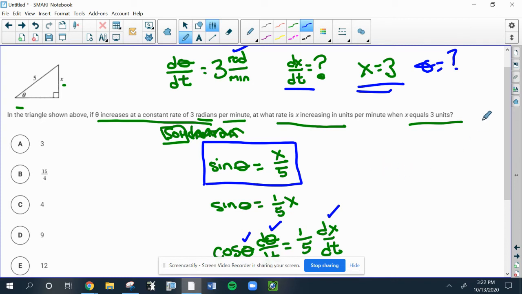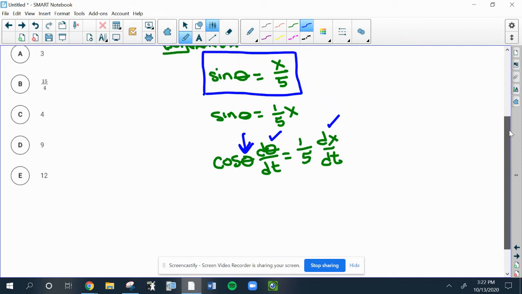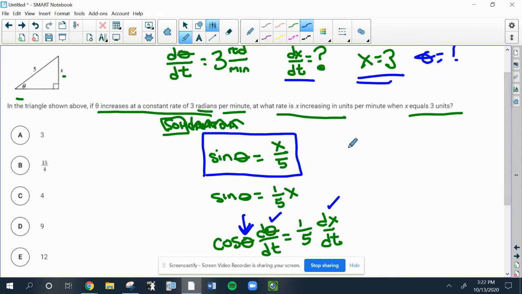So we need to be able to do this problem. We need to be able to figure out what theta is first. Otherwise, we have too many variables. So we know sine of theta, the moment that x is 3, that's what it's saying, is 3 over 5. So now we have to solve for theta.